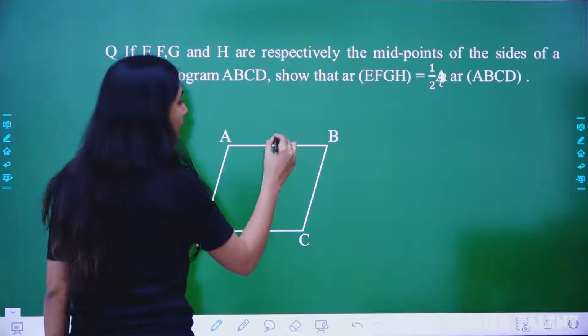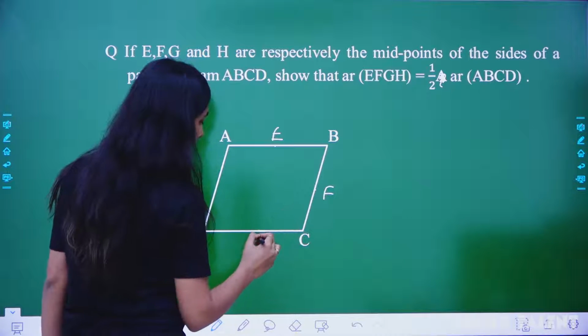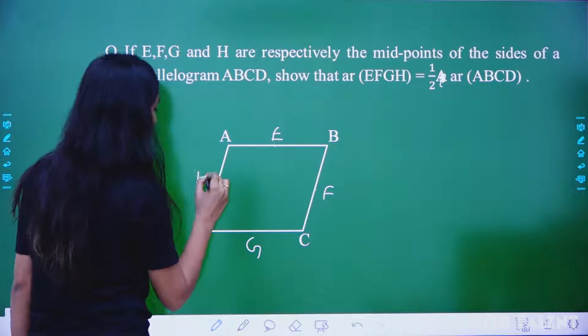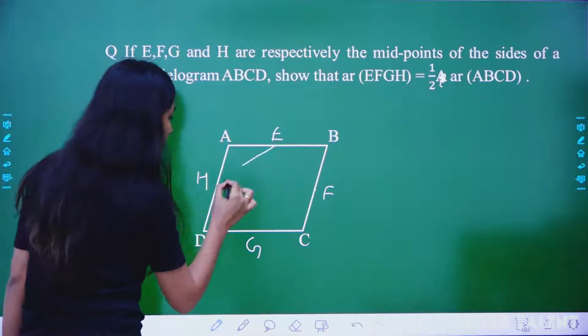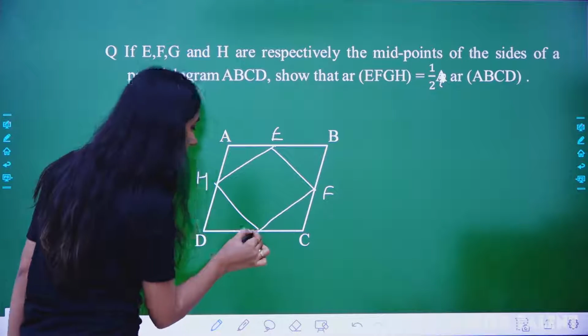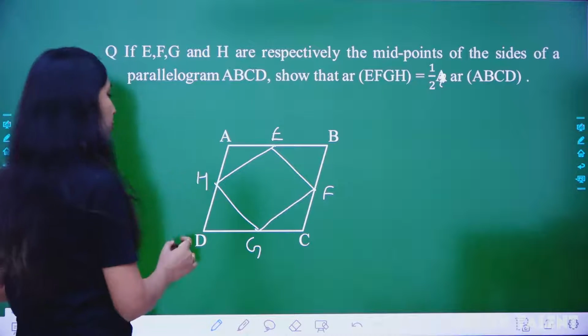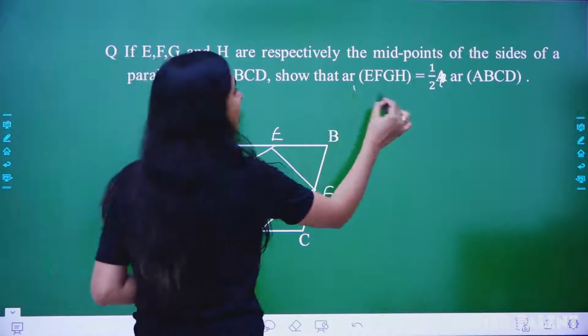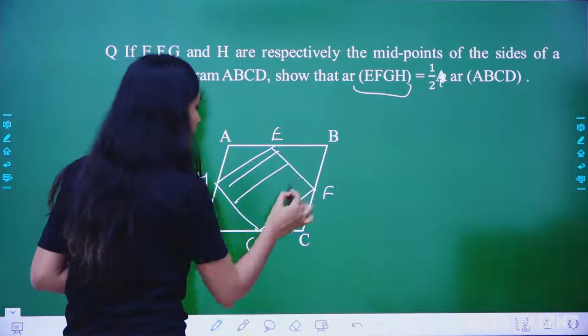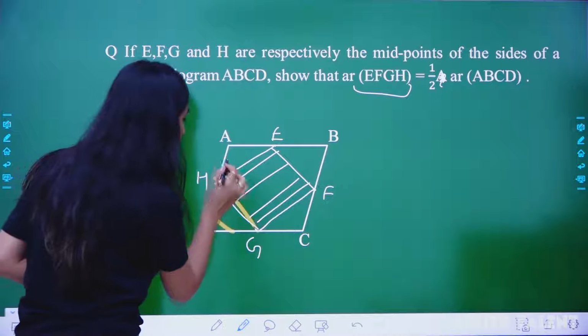We have ABCD with midpoints E, F, G, H. If we join these 4 points, we also get a parallelogram, or a quadrilateral, you may say. You have to show that the area of EFGH will be equal to half of the complete area.